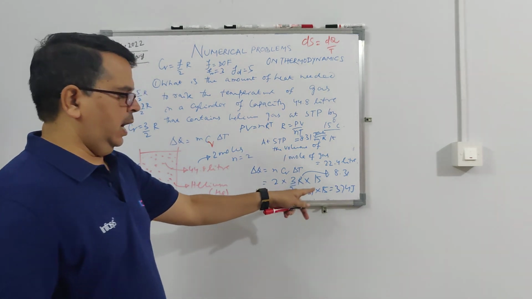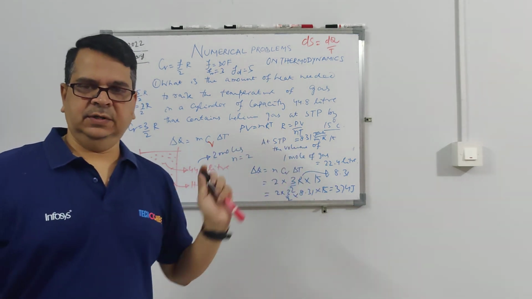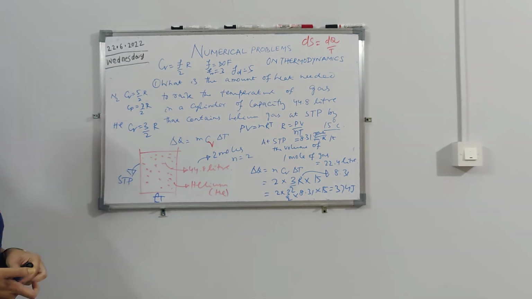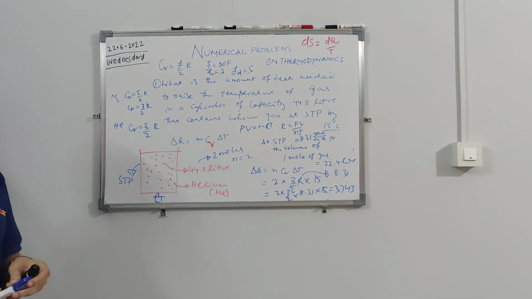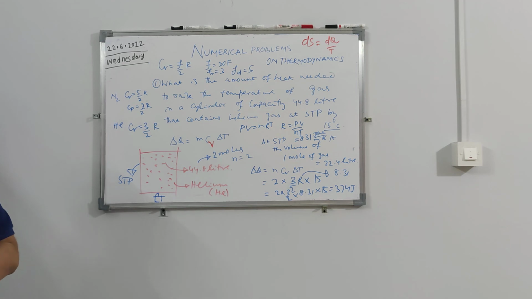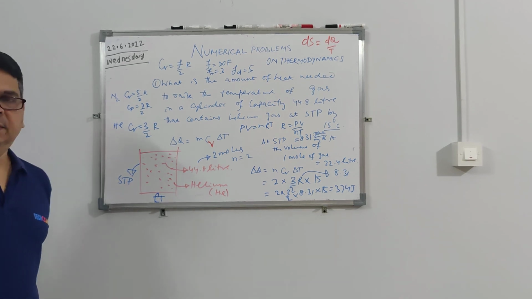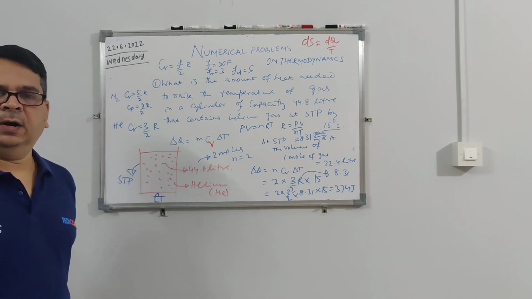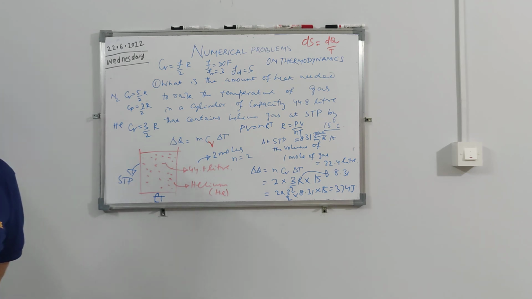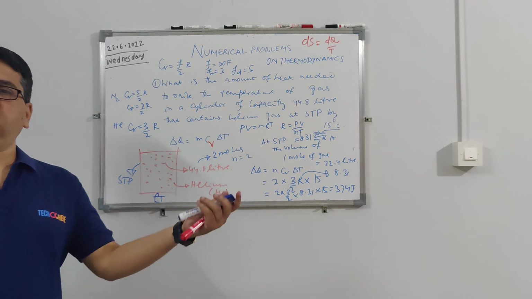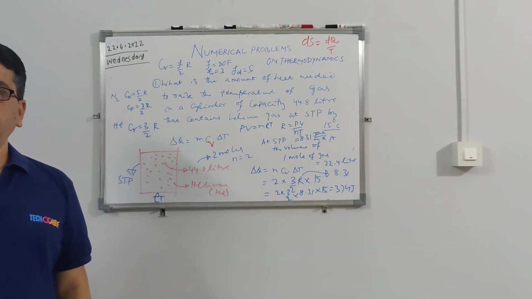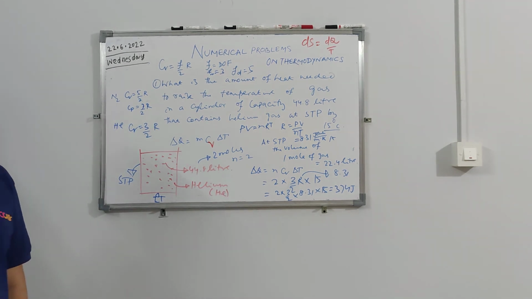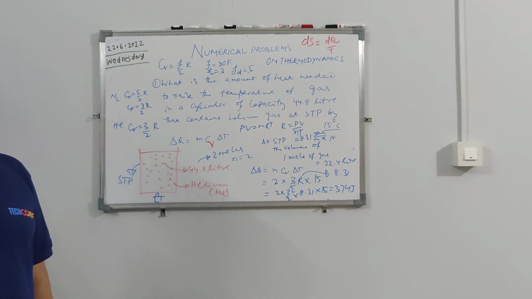Knowing R in terms of mole and temperature, you can find out the heat required to raise the temperature of 2 moles of gas by 15 degrees. Another thing is that at STP, the volume occupied by 1 mole of gas is 22.4 liters, irrespective of which gas it is. Any gas at STP will occupy 22.4 liters of volume.